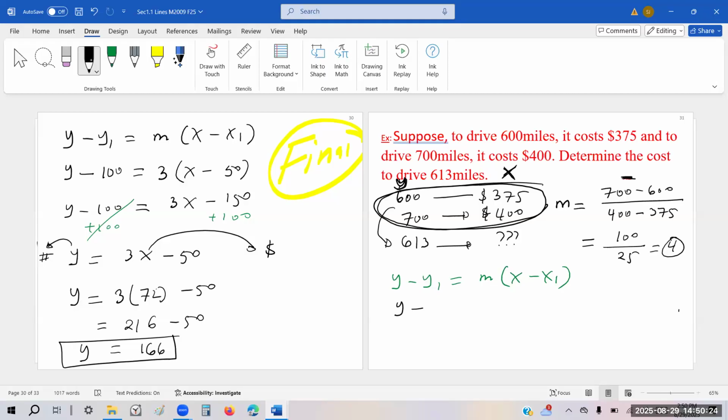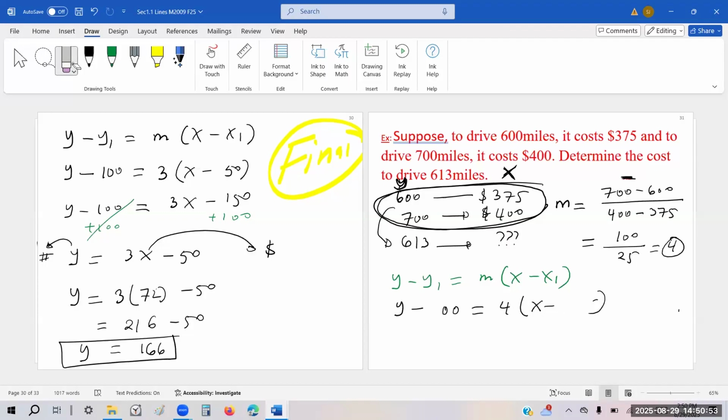Y minus 600 equals 4 times X minus 375. Actually, let's take the other one because it's easier to multiply. Let's take the 700.